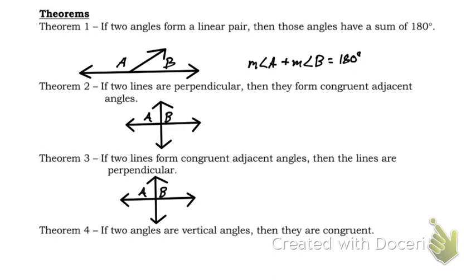This first one says, if two lines are perpendicular, then they form congruent adjacent angles. I'm going to name these lines T and L.